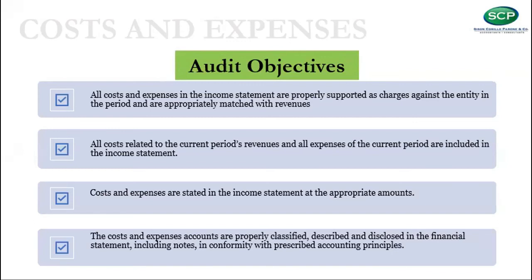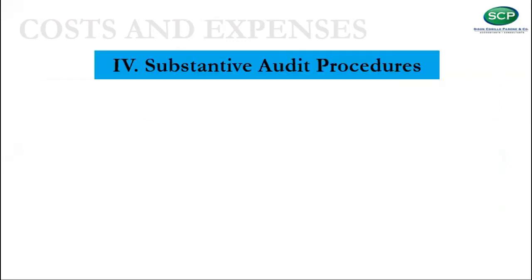So let's now discuss the typical substantive procedures performed on costs and expenses. If you notice, we are moving fast with our training session because, as I said, these accounts essentially result from the balance sheet accounts, which we have discussed how to audit already.